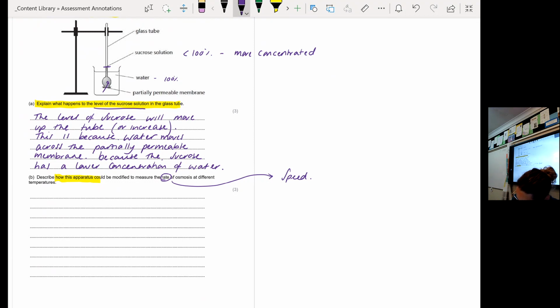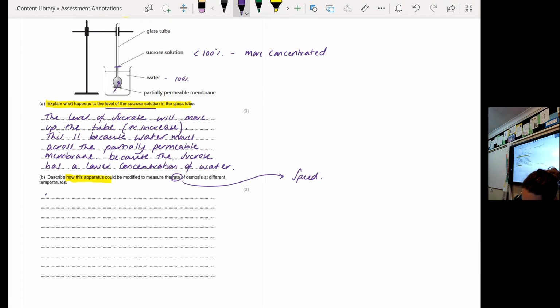Thinking about distance here, how can I measure distance here? The easiest thing is to add a ruler, add a scale to my tube. Okay, so I would need to have a ruler to measure distance. So you need to tell me what I'm using it for.